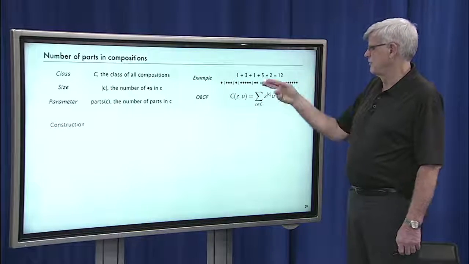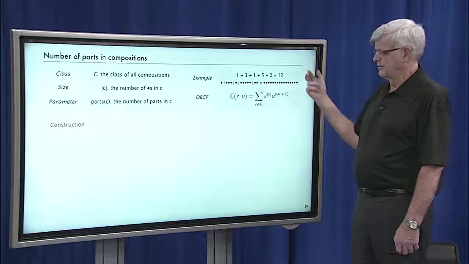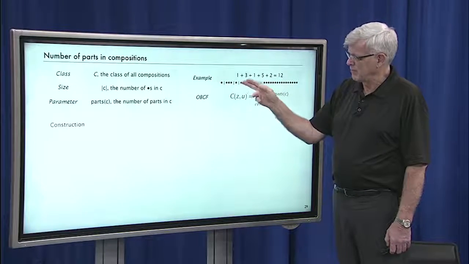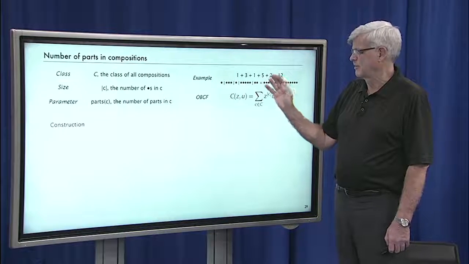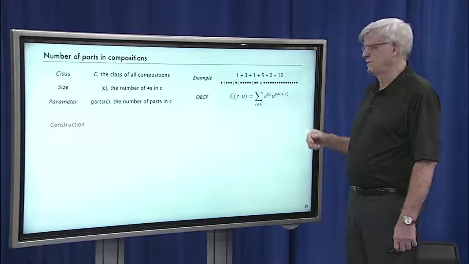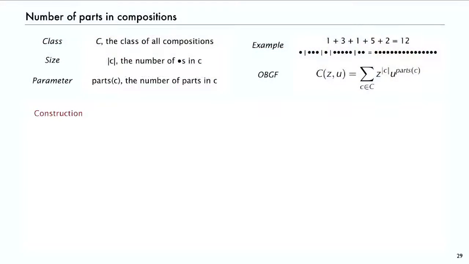So 12 could be 1 plus 3 plus 1 plus 5 plus 2, and that's an example. But now our parameter is the number of parts. So we have an ordinary bivariate generating function, z to the c times u to the number of parts in c. So what does the construction look like? We want u to mark the number of parts.